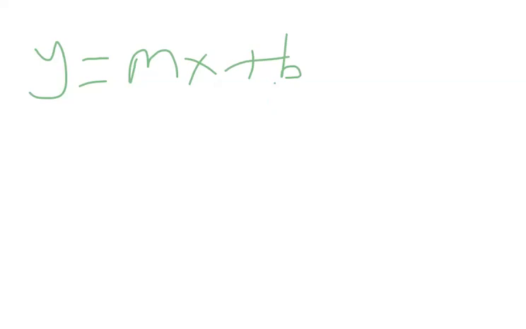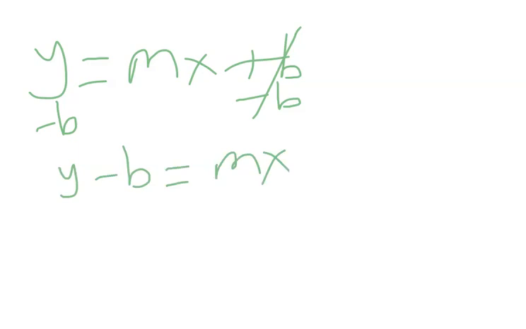So how would you regularly do this? You subtract the b, because the b's are going to cancel out. But on the left, instead of a number, you just get y minus b, which will be a number if these are numbers as well. So you have y minus b on the left, and just mx on the right. How to get rid of the m?